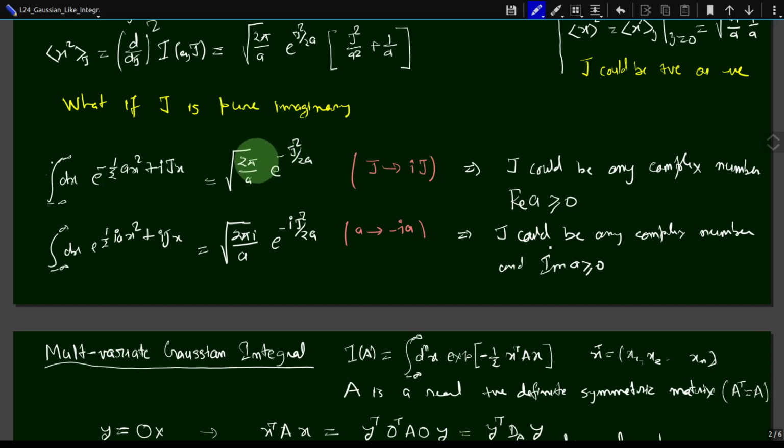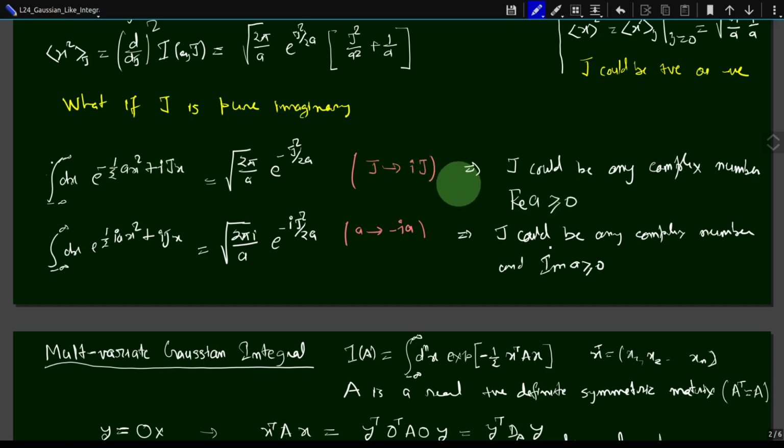You will have square root of 2 pi by a times exponential minus j square by 2a, because j going to ij, the i square created this minus sign. And here j could again be any complex number, even when I write it with i.